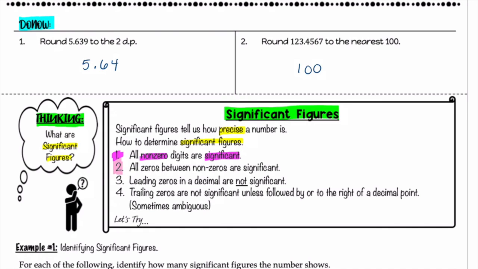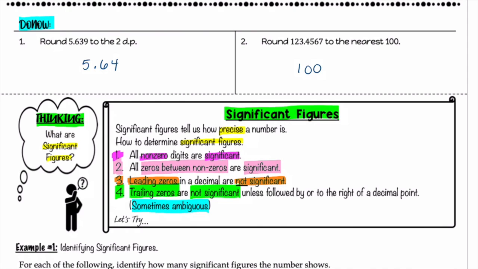All zeros between non-zeros are significant. Number 3. Leading zeros in a decimal are not significant. Number 4. Trailing zeros are not significant unless followed by or to the right of a decimal point, and sometimes this is ambiguous.